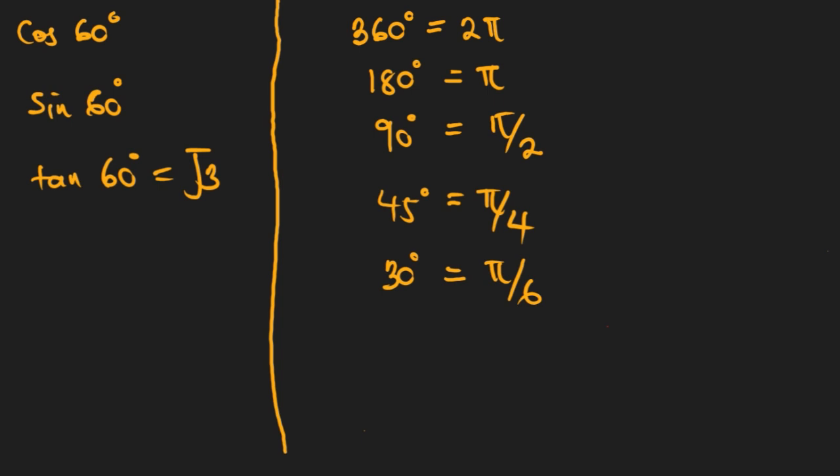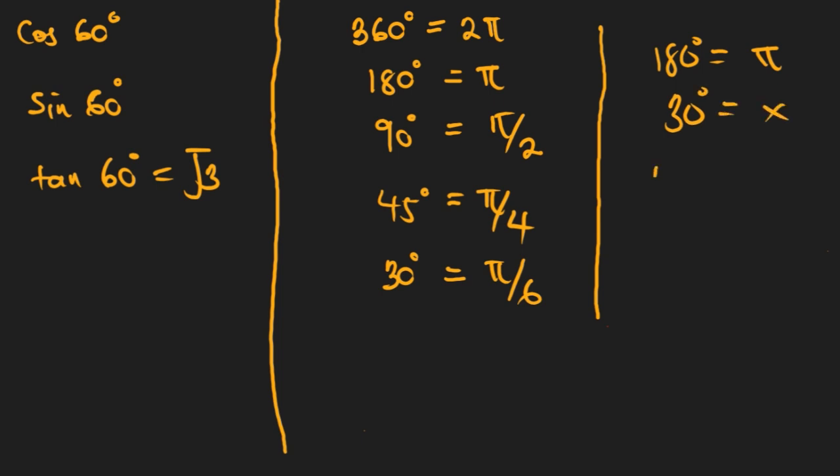So you ask, how did I get 30 to be pi over 6? You can just do the proportion. So if 180 degrees is equal to pi radians, then 30 degrees will be equal to what? So here I can just cross multiply. So I get 180 times x equal to 30 pi.